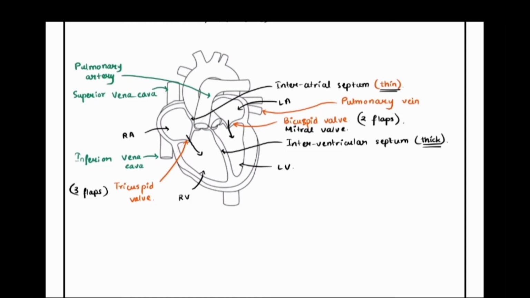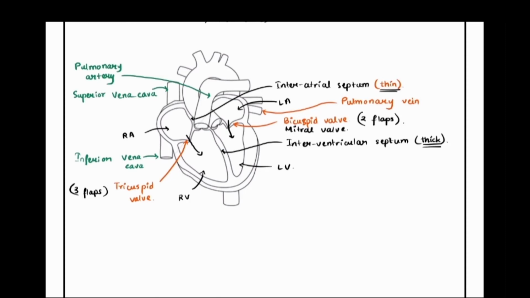So the oxygenated blood comes from the lungs through the pulmonary vein into the left atrium. Now from the left atrium, like I said, it is going to go to the left ventricle, and from the left ventricle, the oxygenated blood is going out of the heart, and it goes to the rest of the body.